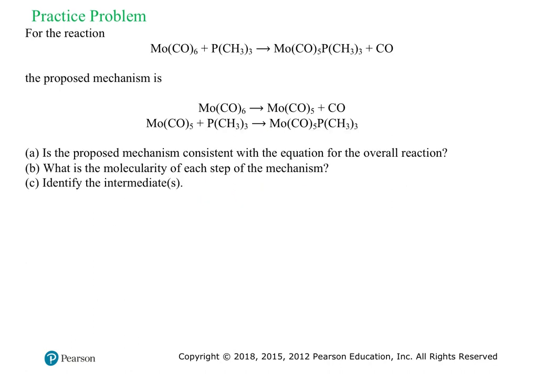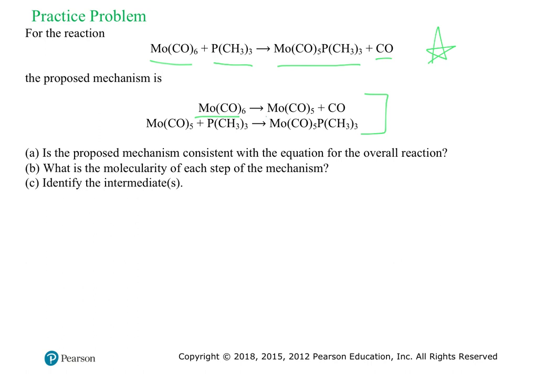Here we have a reaction. We have this molybdenum hexacarbonyl plus this trimethylphosphine to make this big old complex and 1 carbon monoxide coming out. A mechanism that was developed is this one. We have to determine, is this consistent with the overall reaction that we actually do see? So we want to add them up. Now, we have a reactant, so unimolecular there, only 1 molecule going in.